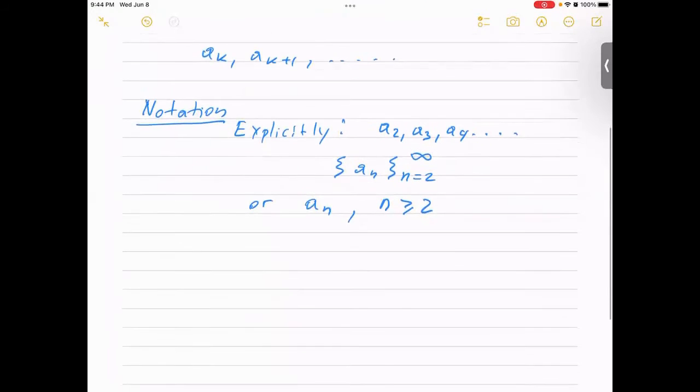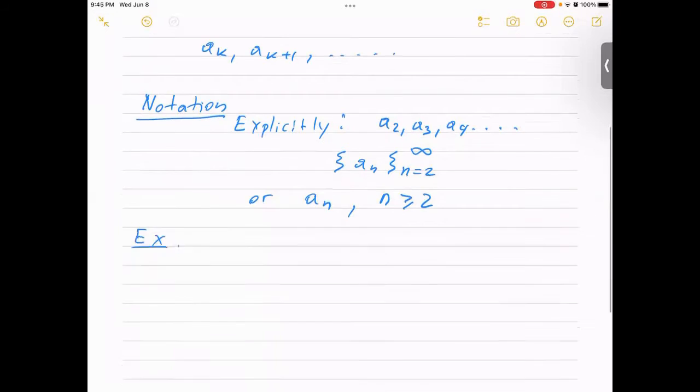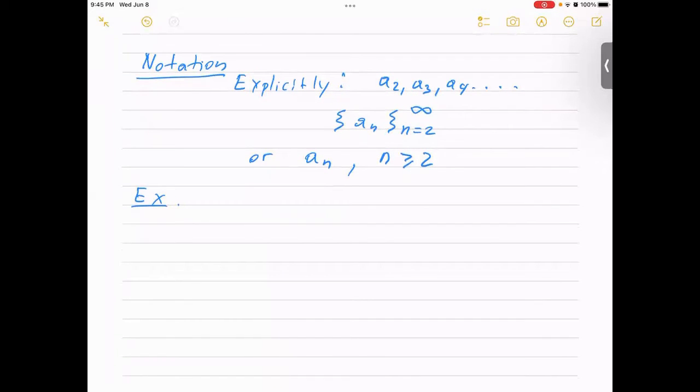Okay, so those are notation. Let me give you a couple of examples. It's a bit dry notation. So I'm going to write down the sequence in 3 different ways.